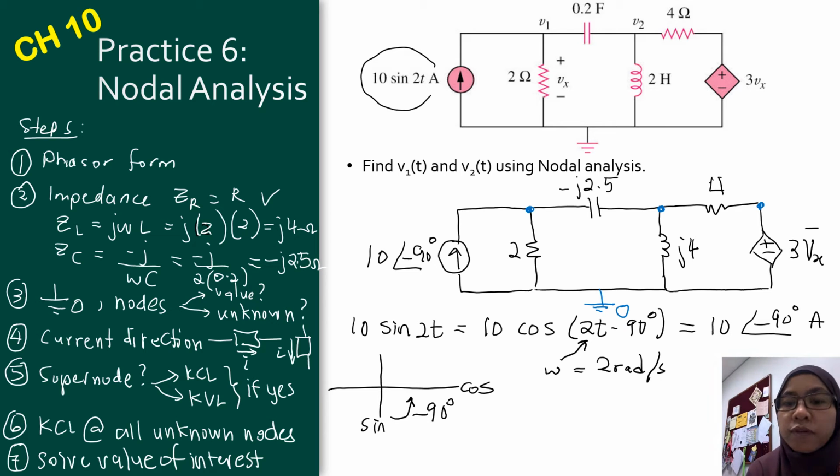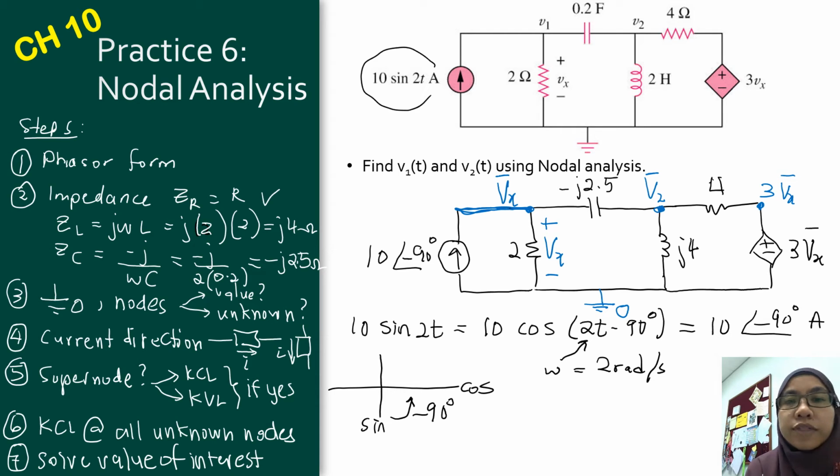Vx here is the voltage drop at the 2 ohm resistor, so we can name this node Vx bar. Then this node is 3 Vx bar, and this node is equal to V2, or any name that you like.